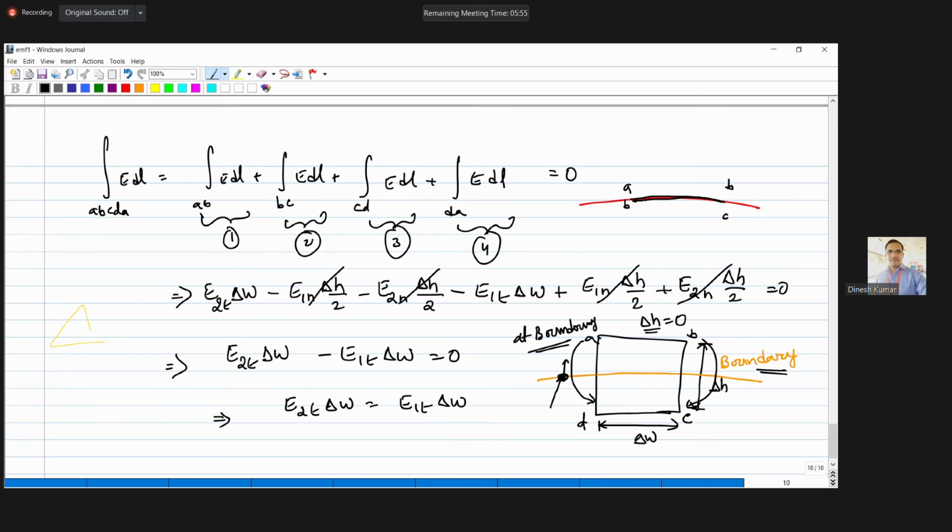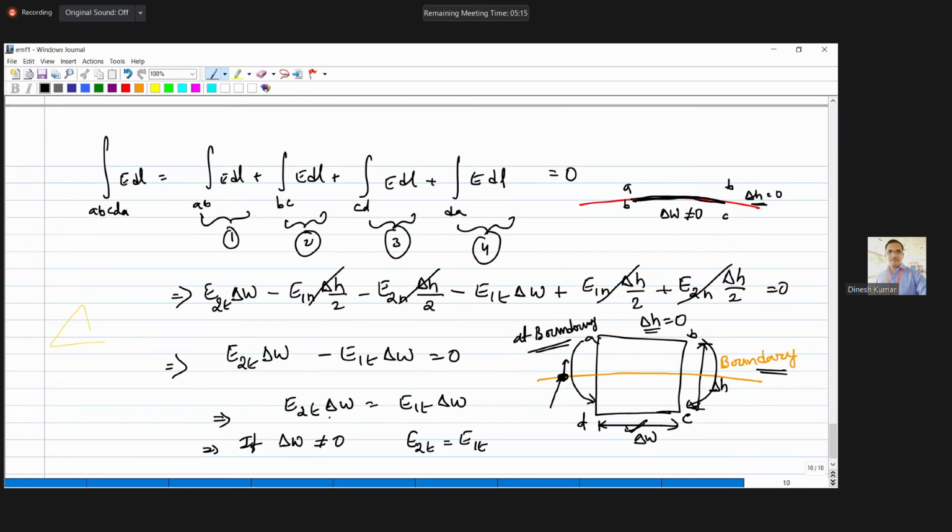So at the boundary you can have only one line for which the value of delta H will be equal to 0, but delta W will not be equal to 0. The width of the loop cannot become 0, but with respect to the boundary, delta H can be 0. If delta W is not becoming 0, then in order to satisfy this equation, E2t must be equal to E1t.